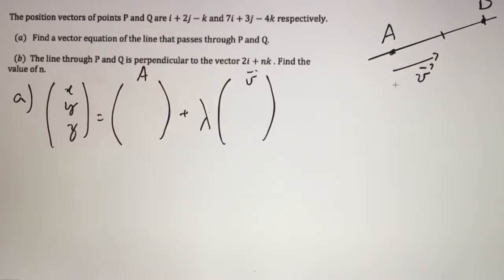But because v gives this line direction, it'll always be on the line because it's going to be in the same direction as the line. Okay?